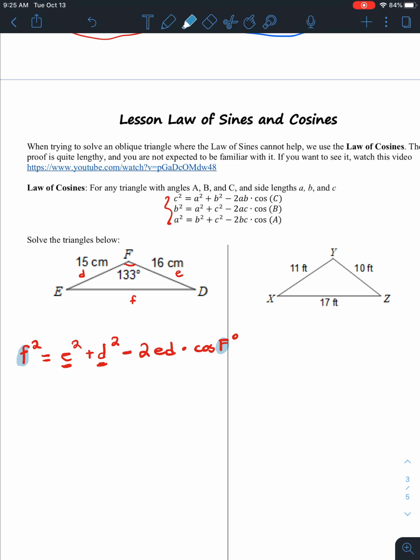I use capital letters for angles and lowercase letters for sides. So all I do now is fill in the blanks: F squared equals 16 squared plus 15 squared minus 2 times 16 times 15 times the cosine of 130 degrees.